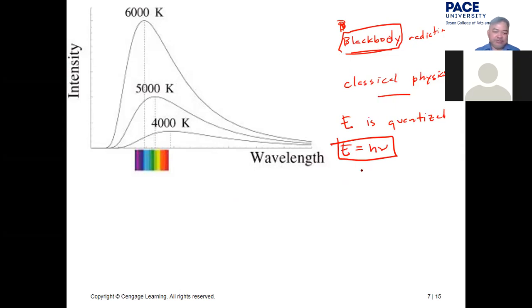So what does it mean? The radiation will only absorb energy at a certain value, and usually it is a multiple of the discrete set of values.